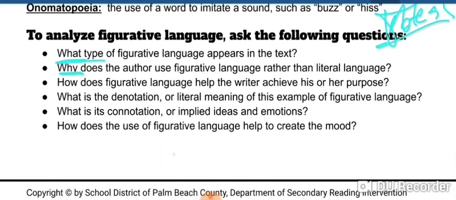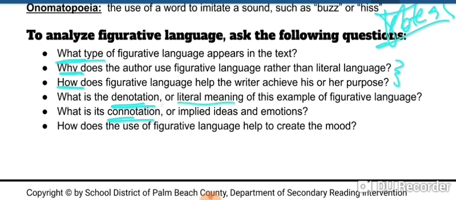How does the figurative language help the writer achieve his or her purpose? So these are kind of similar. Okay, why and how. I'll group those together even though they're not exactly the same. What is the denotation and connotation of the figurative language? Oddities and emotions. So we'll pick up on denotation and connotation toward the end of this video, but here let's just go ahead and make sure you understand.